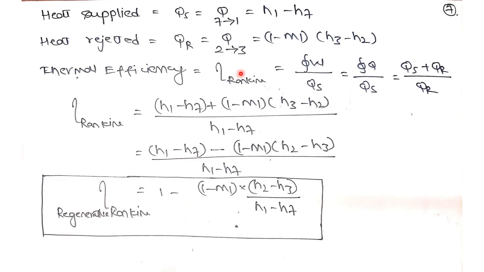QS is H1 minus H7 here, and QR is 1 minus m1 into H3 minus H2, divided by QS, which is H1 minus H7, replacing the things to add negativity here. So it will be 1 minus m1 into H3 minus H2 divided by H1 minus H7.